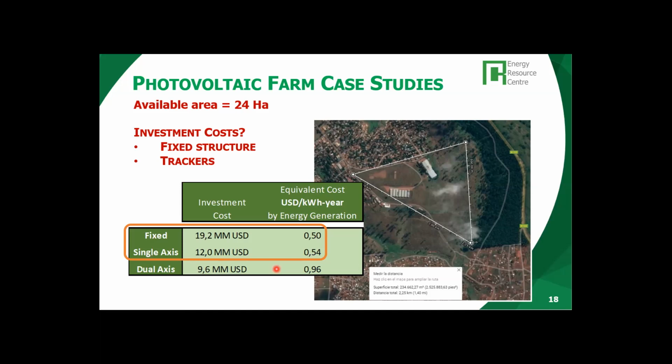Not in the past, though. In the past, the best solution was dual axis, when the panel price was around $3 per watt peak. Now the price is more or less $0.5 per watt peak.